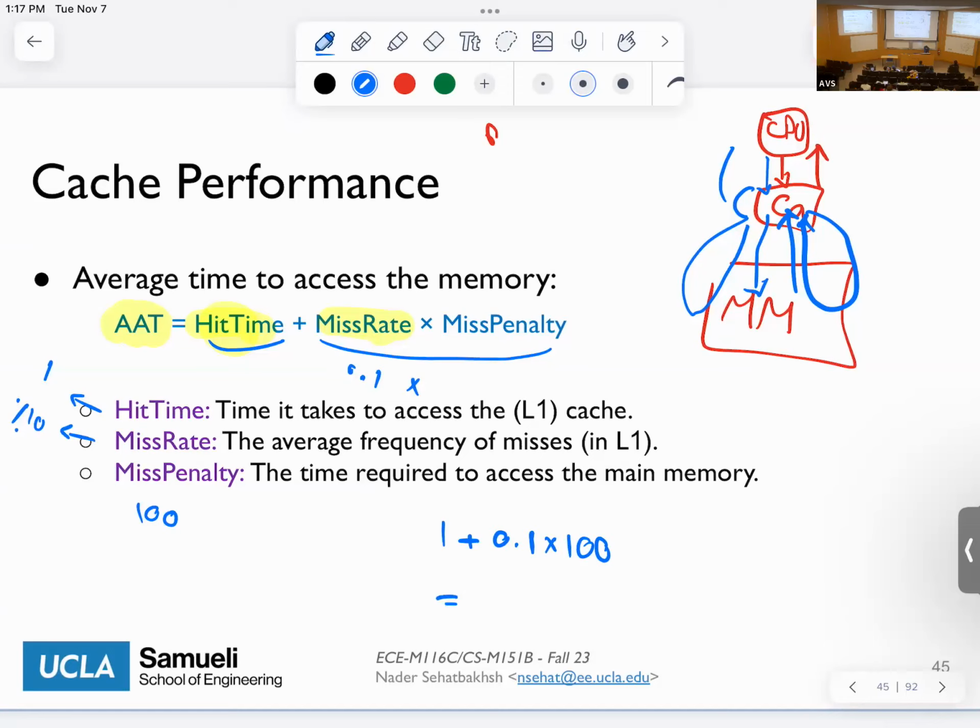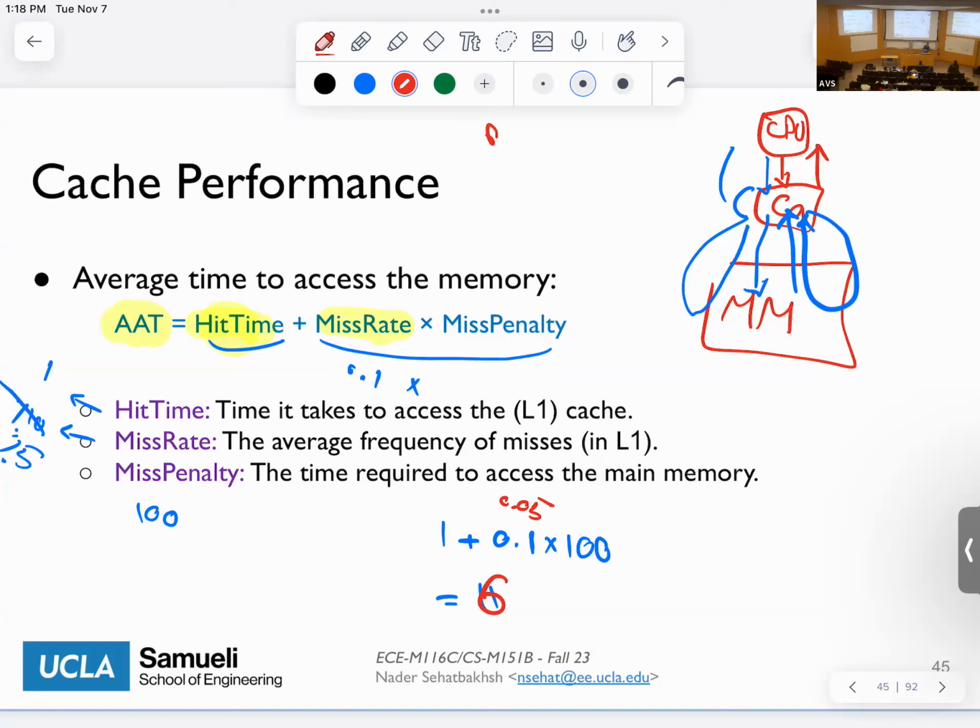So on average, you have around 11 cycles. On average, this whole main memory plus cache has 11 cycle latency. And then if you change this 10 to 5, which means that 95% of the time now I'm hitting the cache, then of course this number will shrink. So this would be 0.05, and then this becomes 6, right? Just simple math.